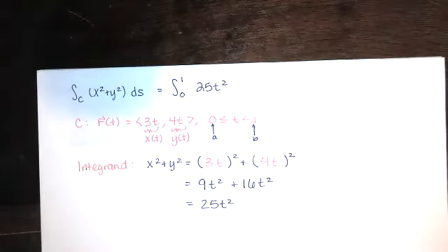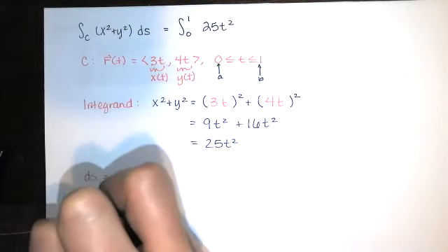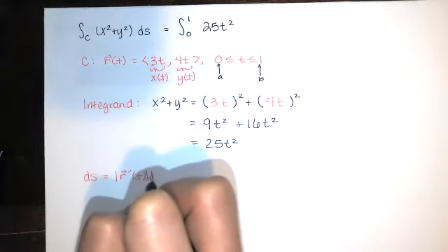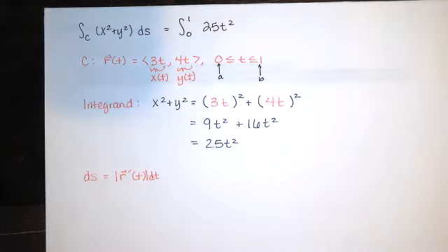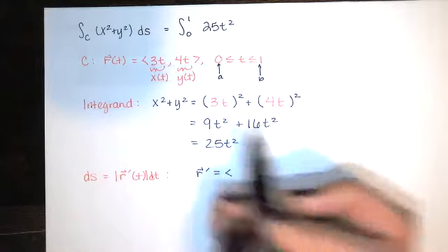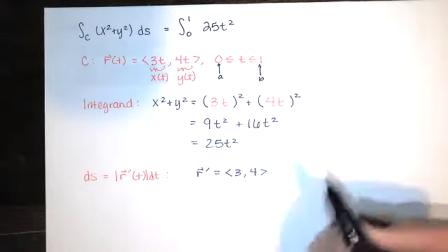And then remember what ds is. You need ds in terms of t as well. ds is the magnitude of r prime times dt. r prime is a vector with components 3 and 4 because those are our derivatives.